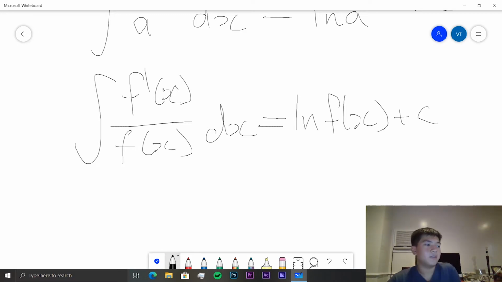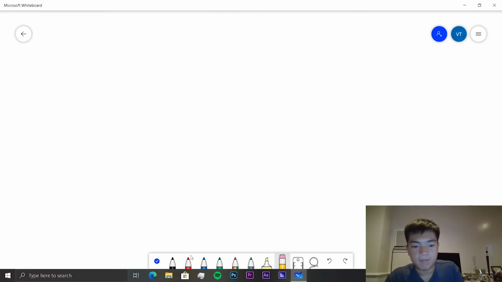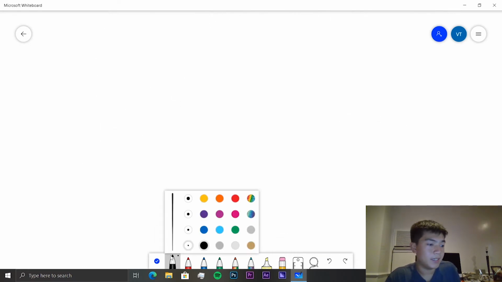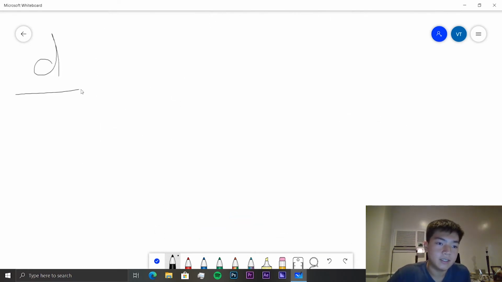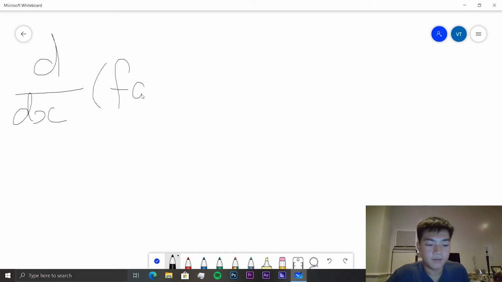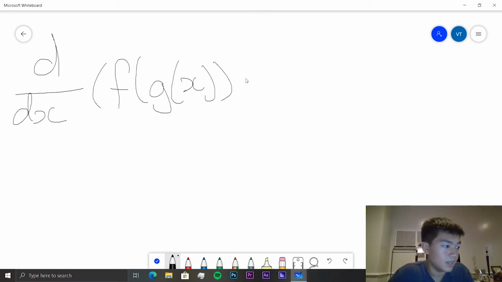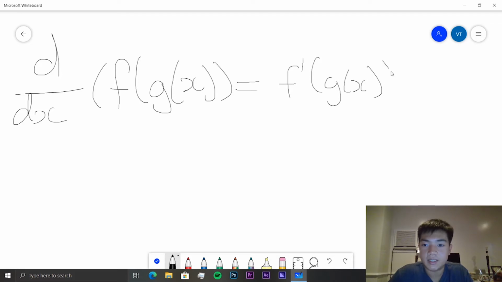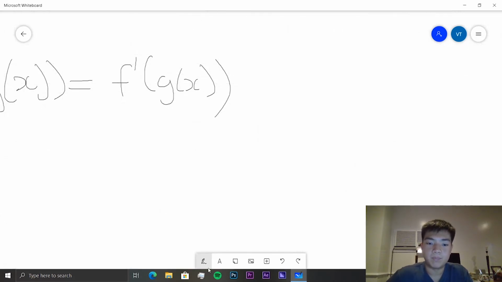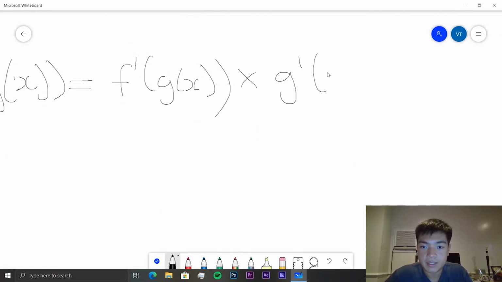And the other thing we want to solidify is the reverse chain rule. We touched on it briefly, but now let's actually define it. The reverse chain rule states that if we get the derivative of a compound function, f of g of x, it is equal to the derivative of f at g of x times the derivative of g of x.